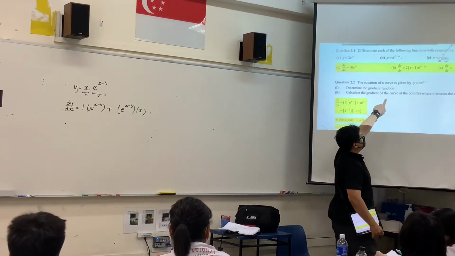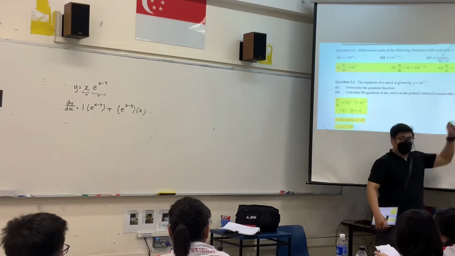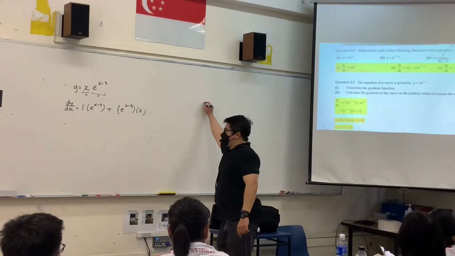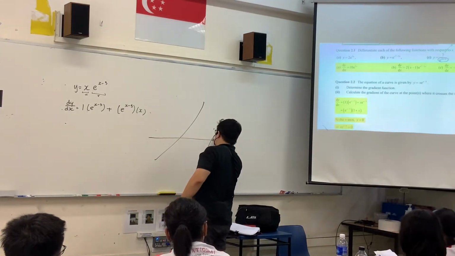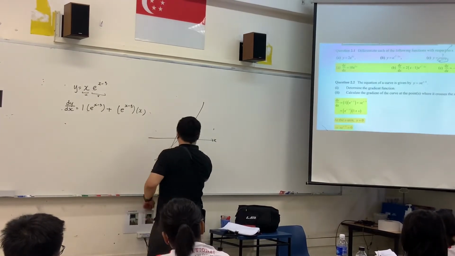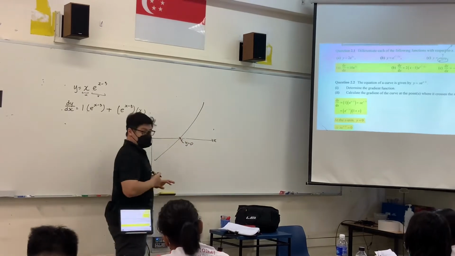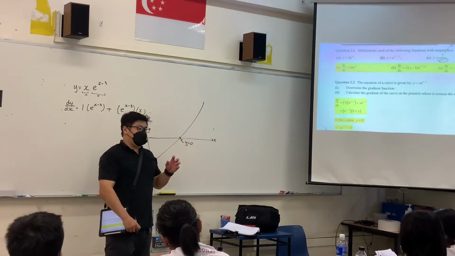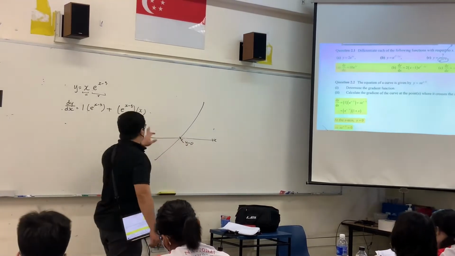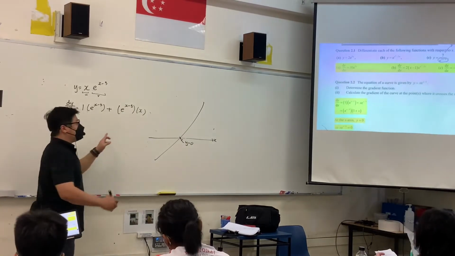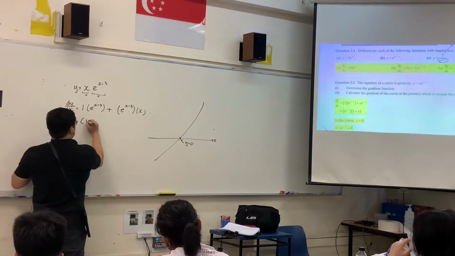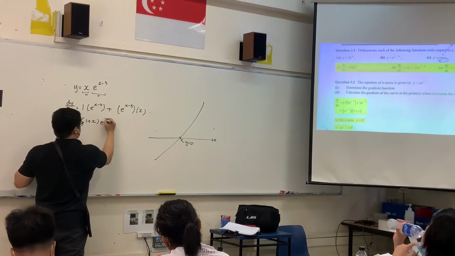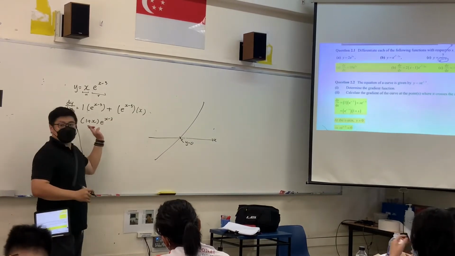Calculate the gradient of the curve at the point where it crosses the x-axis. There's a curve, it crosses the x-axis, and on the x-axis, I know one thing, y equals to 0. But you must know that dy/dx is always in terms of x only. For JH4, dy/dx is in terms of x.